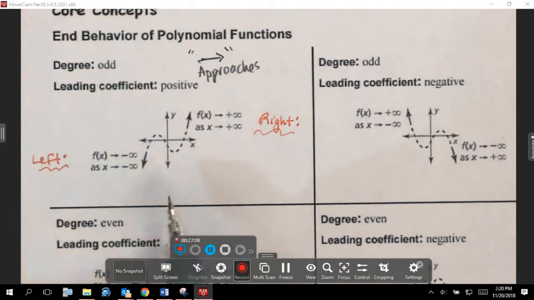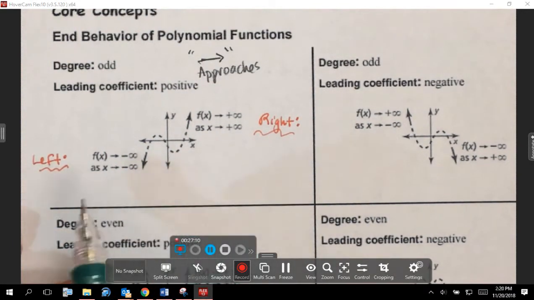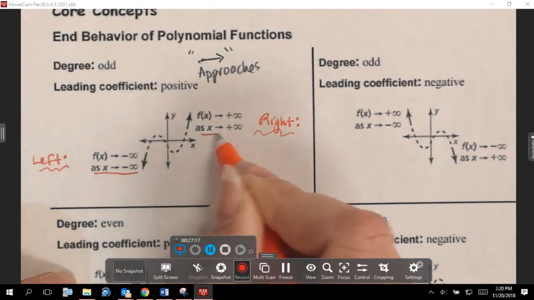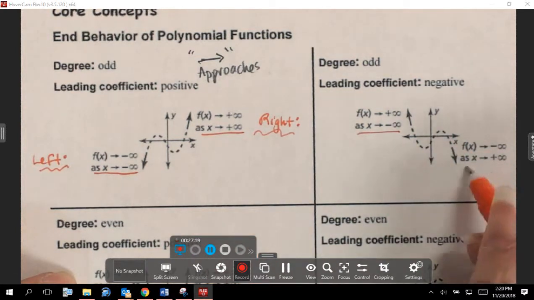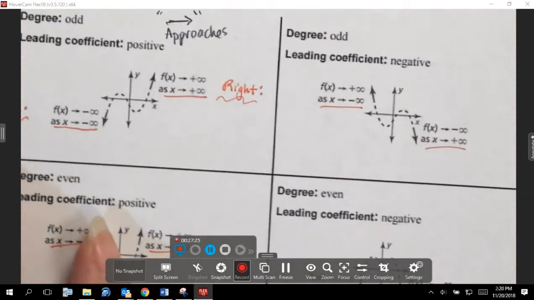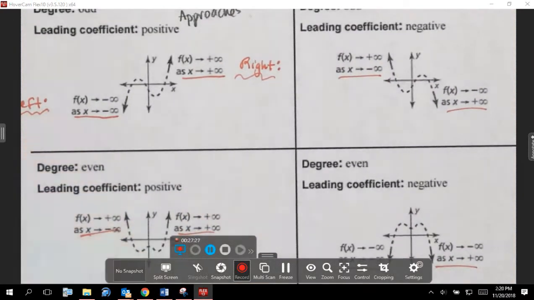So the other thing that you'll notice is that every single box up here, the last part of it is the same for every single scenario. The left scenario always says as x, and what's the arrow mean?